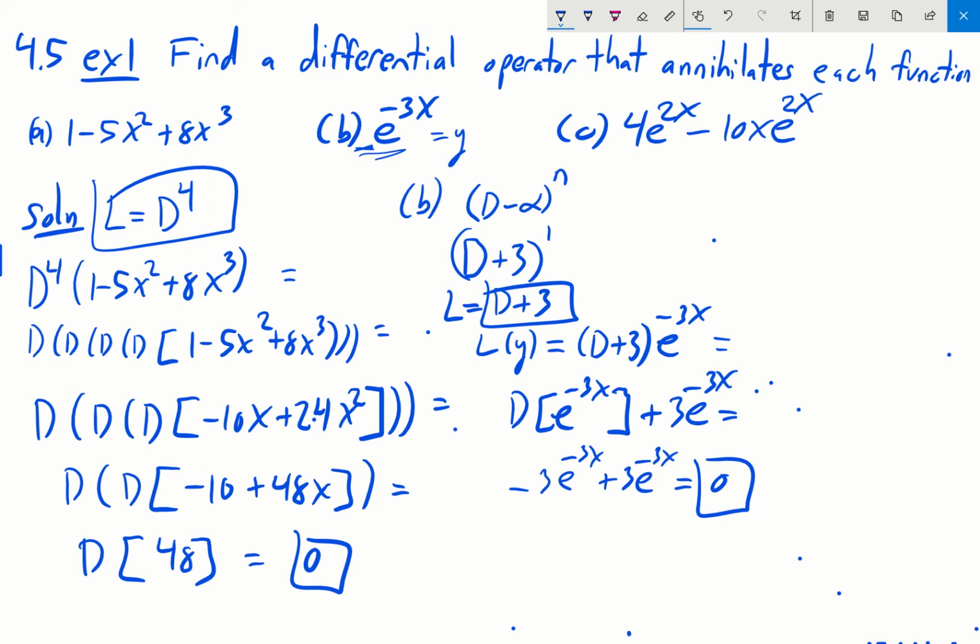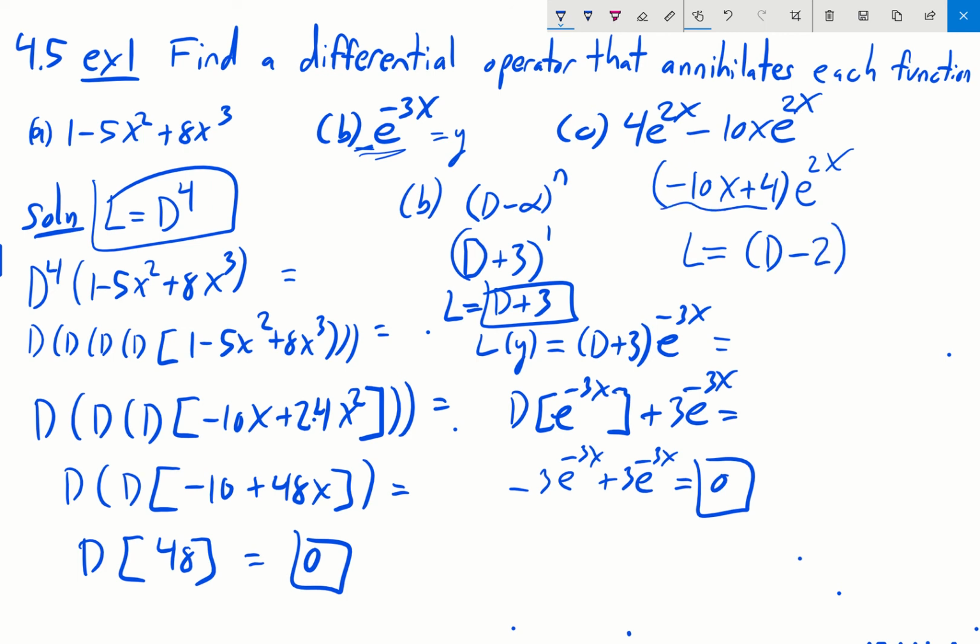Take a look at one more, and it might be helpful for this one. I'm just going to rewrite it. Here, I can factor out the e^(2x) so that it really looks like a linear polynomial times e^(2x). From what we just said, a differential operator, I'll call it L, that should annihilate this is going to be D minus the coefficient of the x in the exponent, that's going to be D - 2.